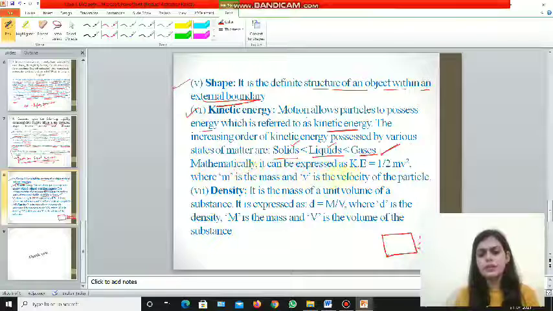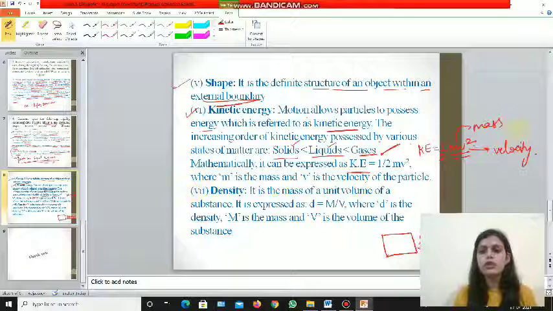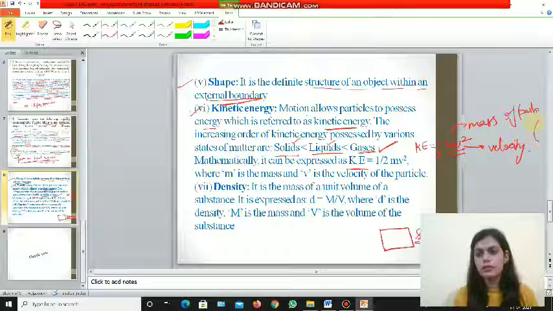Mathematically, the formula for kinetic energy is half mv squared, where m is the mass of the particles and v is the velocity of the particles.